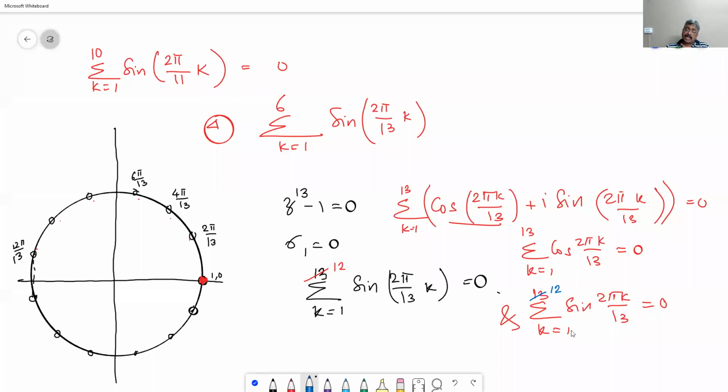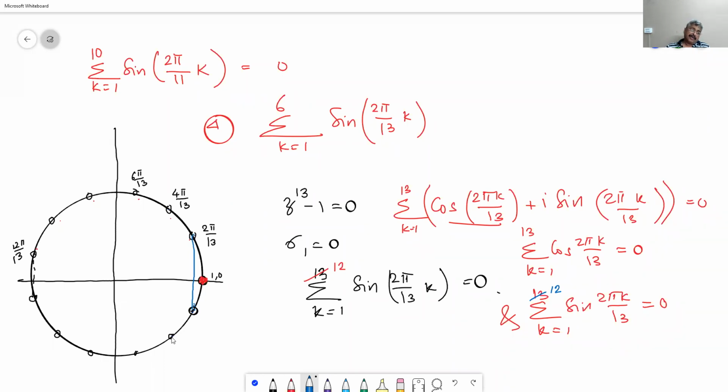And then if these are 12 guys and they are symmetrically placed, see now cos ratio of both these roots will be same, and their sine quantities will be oppositely signed, and therefore we call them conjugates of each other. So this is first root, this is 12th root, they are conjugates of each other.